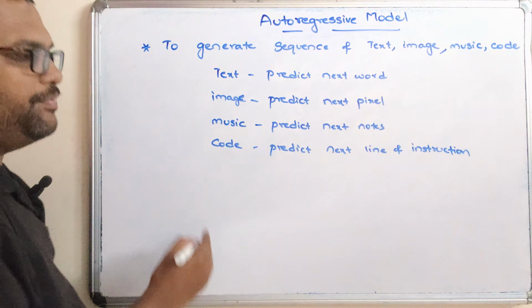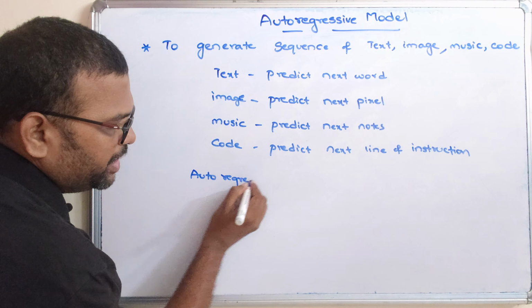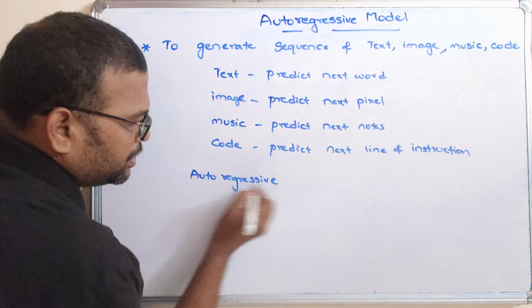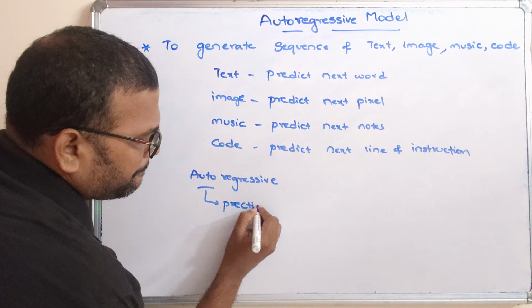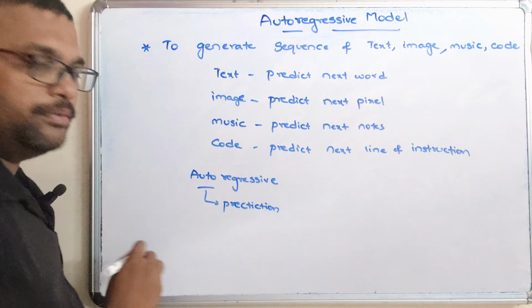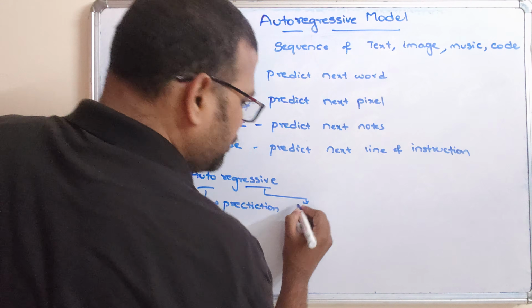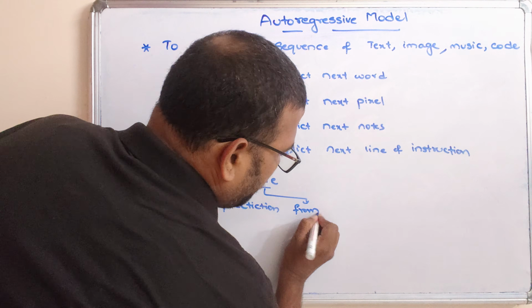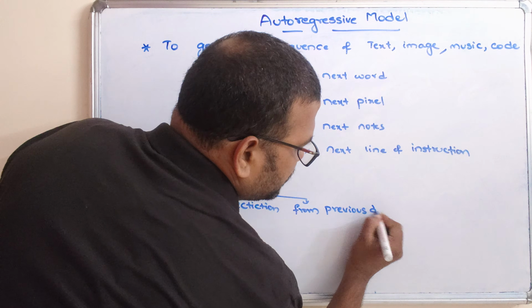So here the name itself indicates auto-regressive. Auto-regressive means, auto means self-prediction, and regressive means from previous data.